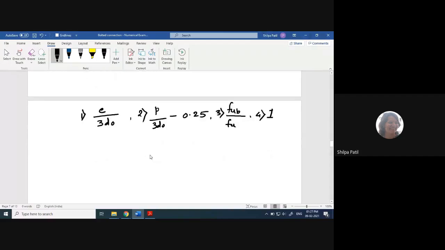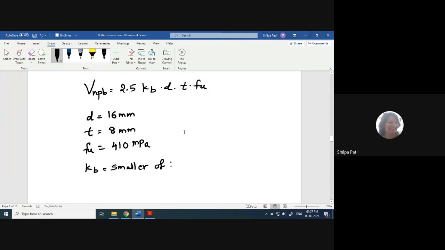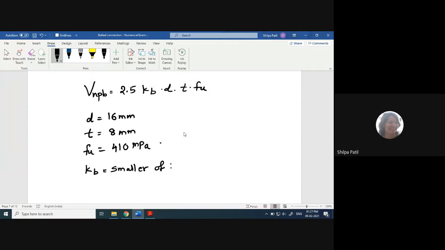Let us find the first two values, because we can easily find them. The fub value we already calculated yesterday, 400 megapascal.